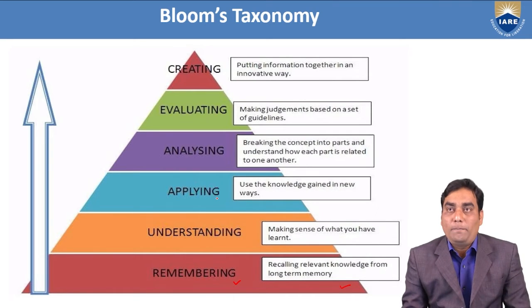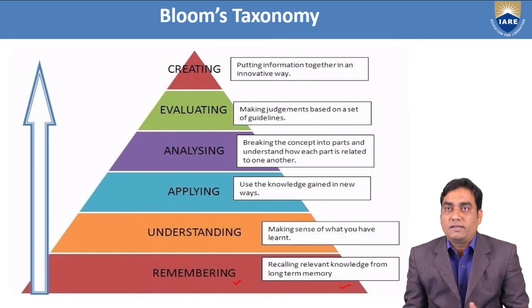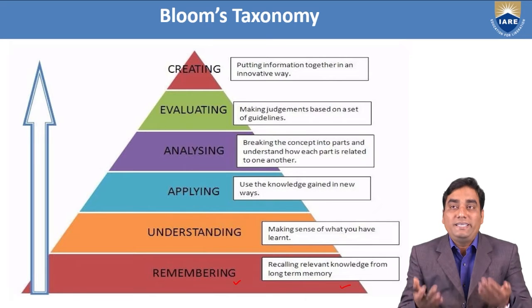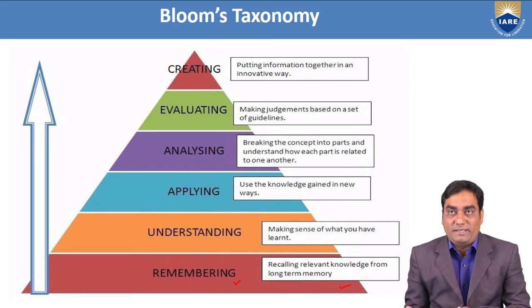That is called apply. And analyzing, or analyze, means breaking the concept. Whatever knowledge you understood, you break the concept into different parts and understand how each part is related to the others. That is called analyzing.